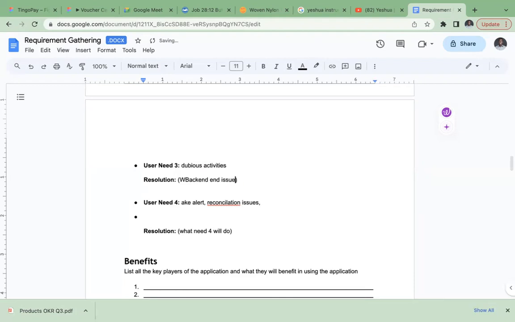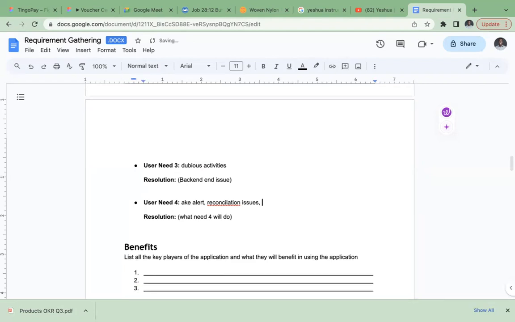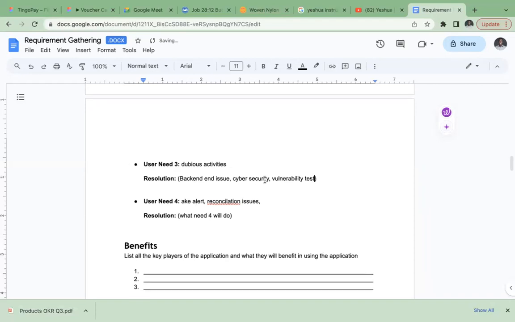We are covering backend issues so that people should not be dubious on our platform. Once a platform is dubious, that means cybersecurity is a backend concern. So we can do cybersecurity and vulnerability tests.